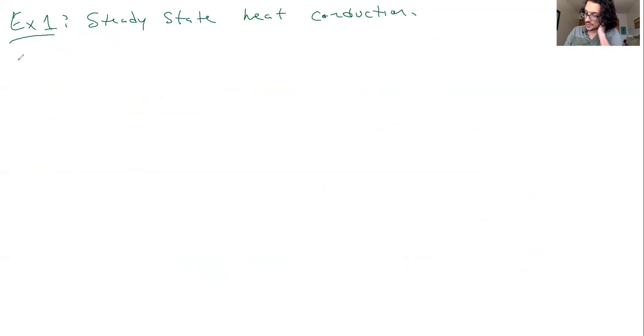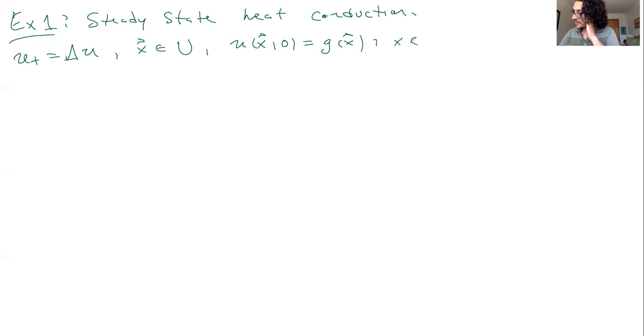Steady state heat conduction. So let's say maybe we have a heat equation that evolves on some subset of Rn. And it's got some initial condition, g on U, and some boundary condition.